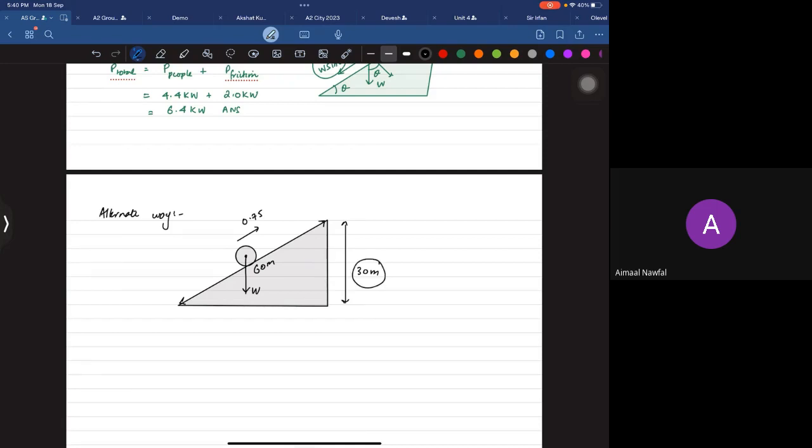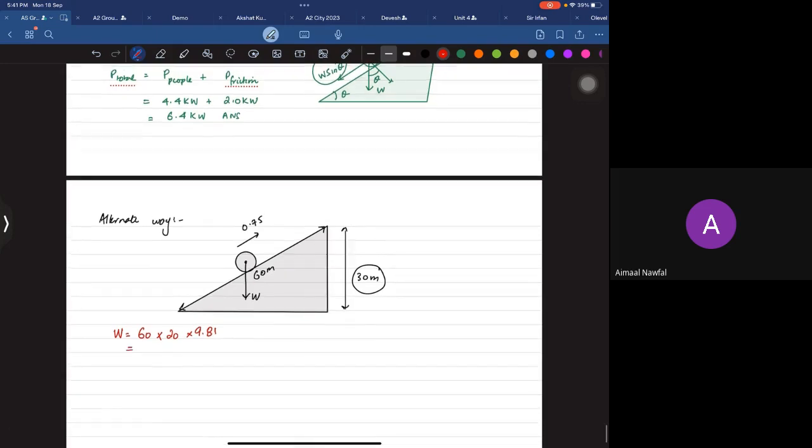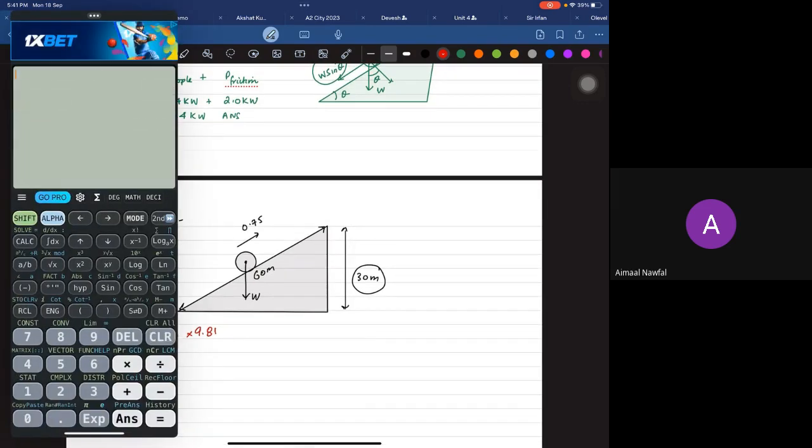The weight of all the people would be 60 kilograms times 20 people, so the total mass times 9.81. So the total weight comes out to be 60 times 20 times 9.81.